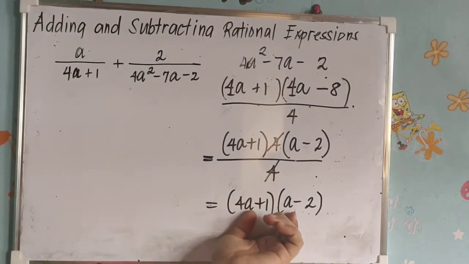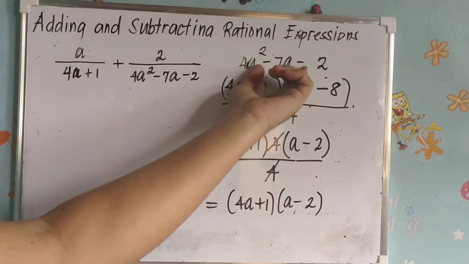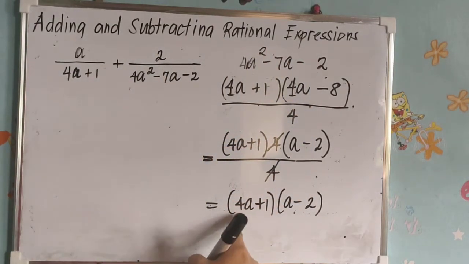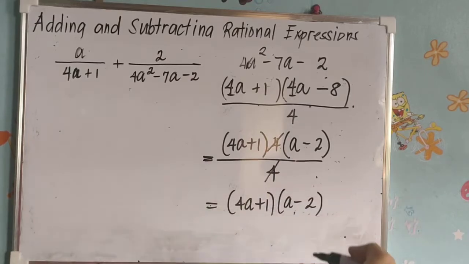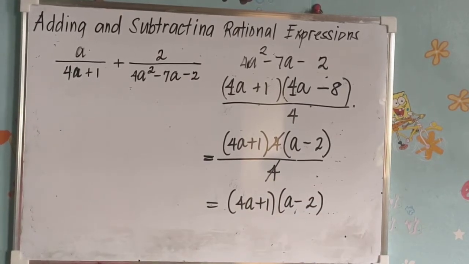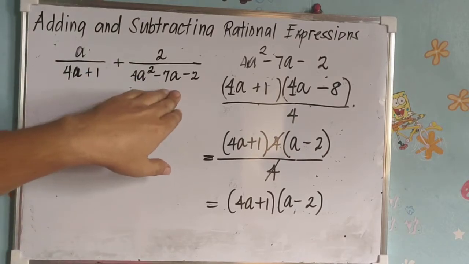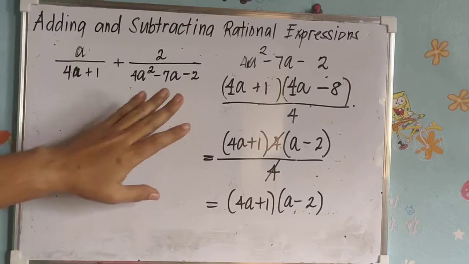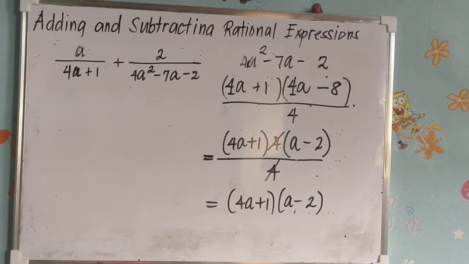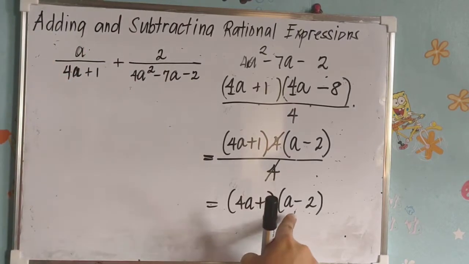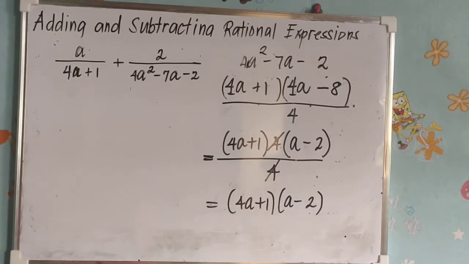So, these are now the factors of this one. You can check this by multiplying it back, and we will arrive at 4a squared minus 7a minus 2. It's all up to you to check whether the factors are correct, but this is correct. That's only for your benefit.